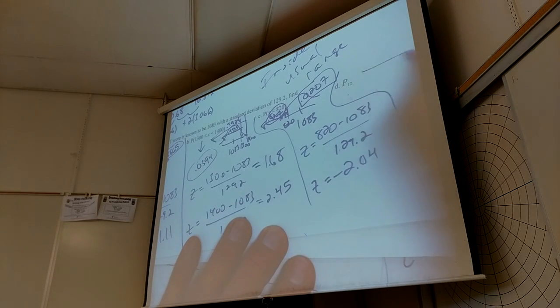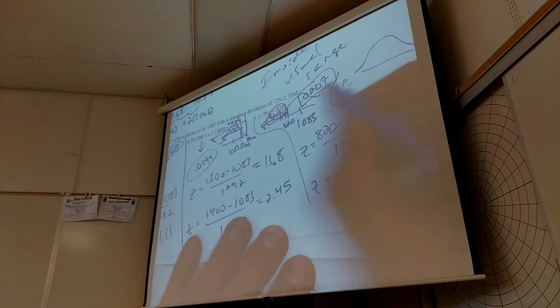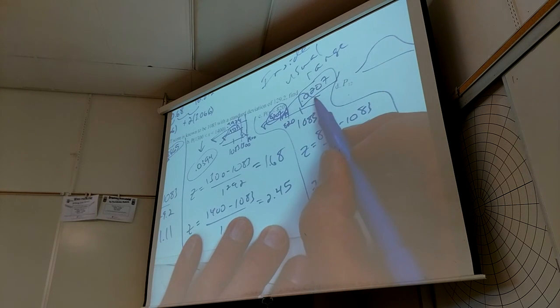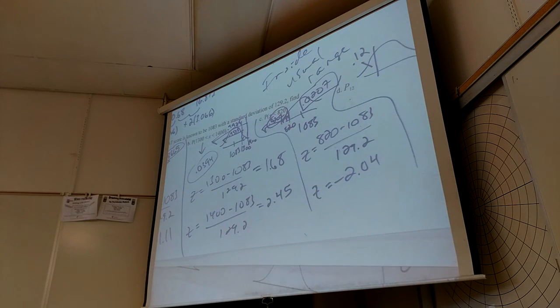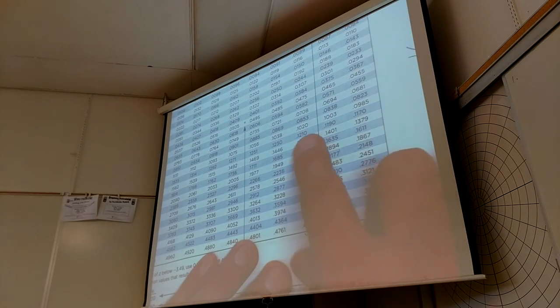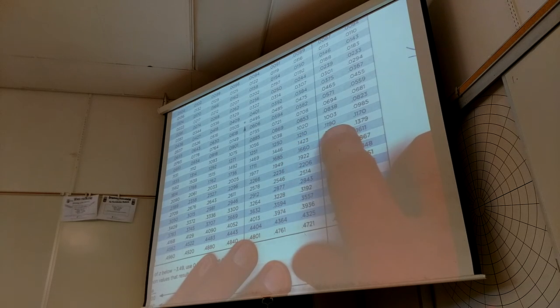Now this means this would be the second percentile. Do you guys see what I'm saying? Because how many scored below 820? About 2%. This would be roughly the second percentile. So this is asking for the 12th percentile. What z-score has 0.12? I did this kind of on purpose. See how this is exactly on either side of 0.12?